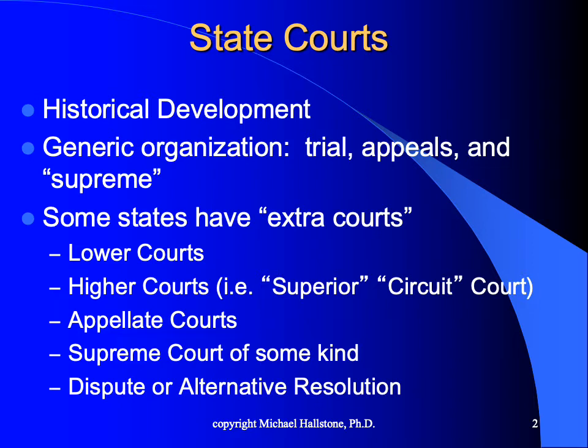Okay, sometimes there are alternative resolution or dispute resolution courts where they've kind of been set up to take some of the burden off of the circuit courts, if you will, or the trial courts. So, for example, at one period, Hawaii had a drug diversion program where lower-level drug offenders weren't actually sent to court.